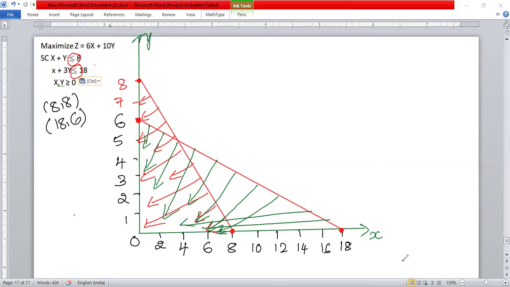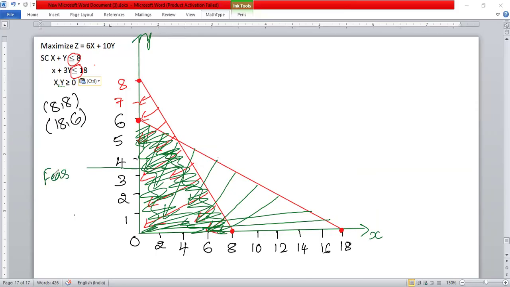Now, the green color and red color coincide in this area. So in the examination also, two colors you can use, one is pen, one is pencil. So this area is called the feasible region.